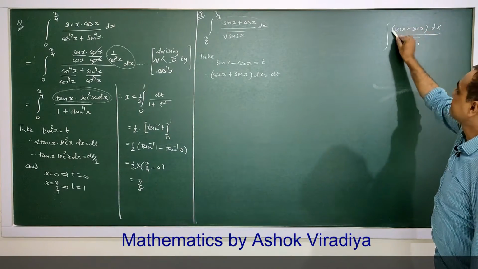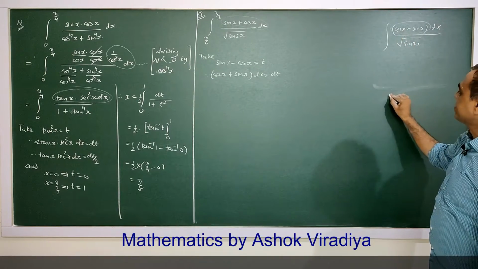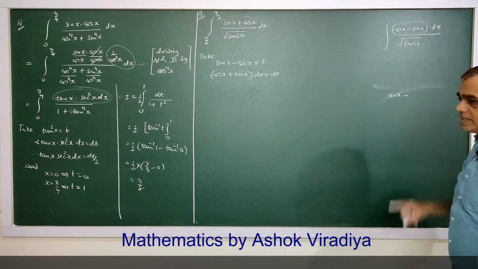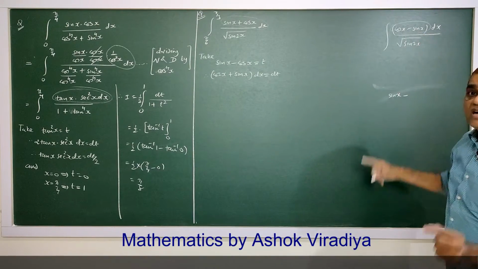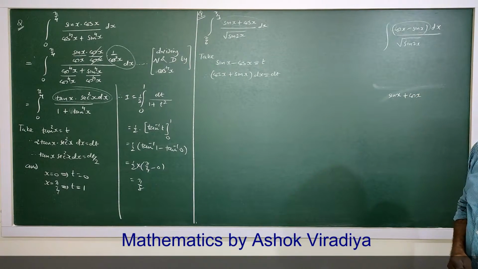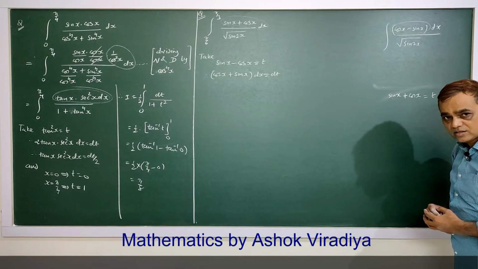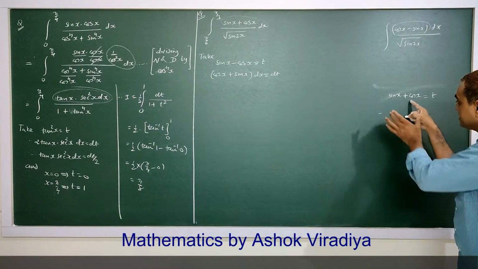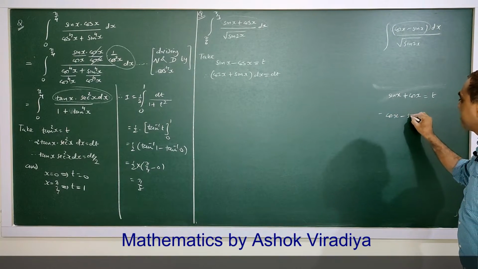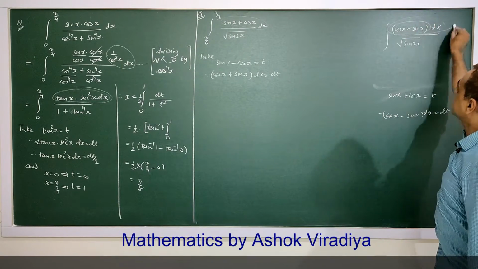Think about the antiderivative of this function. The antiderivative of cos x is sin x, and the antiderivative of sin x is minus cos x, so minus, plus cos x. Take this antiderivative equal to t. Then its derivative will be cos x minus sin x dx equal to dt. So this can be removed.